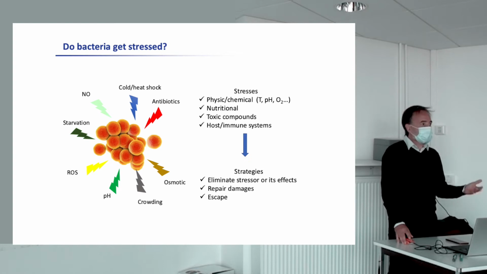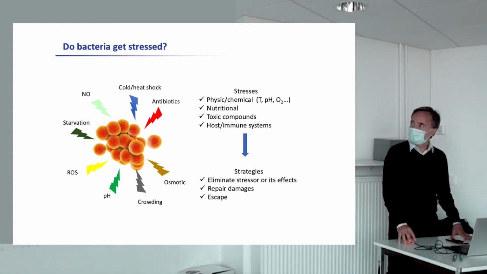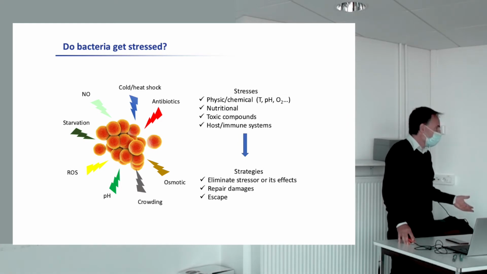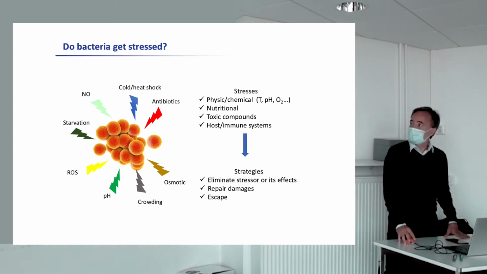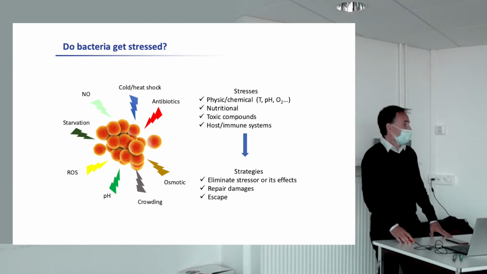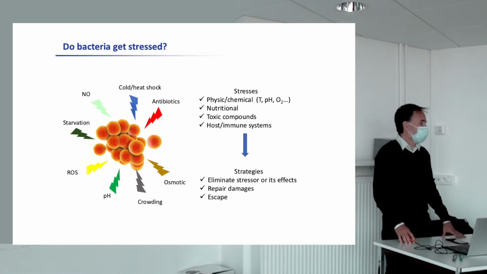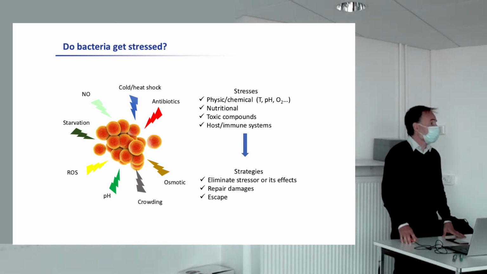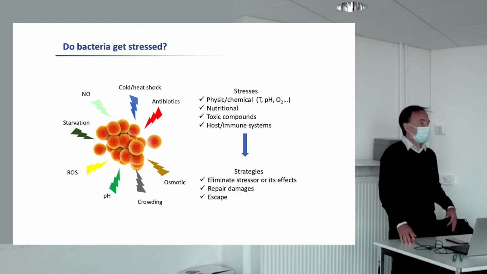And which kind of stress can be encountered? There are many different kinds of stress. The temperature is a very common physical stress, but you can imagine other stresses, like, for example, oxidative stresses. So the production from the host of reactive oxygen species can damage the bacteria, can damage DNA, can damage RNA in bacteria.